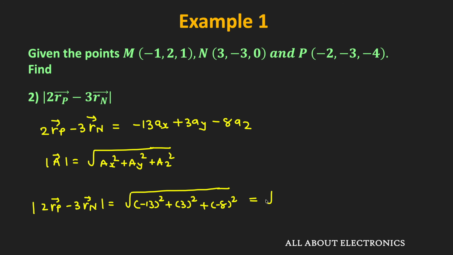That is equal to the square root of 169 plus 9 plus 64, and if we simplify it further, that comes out as 15.556. In this way, we got the magnitude of the vector 2rp minus 3rn, where both rp and rn are position vectors.